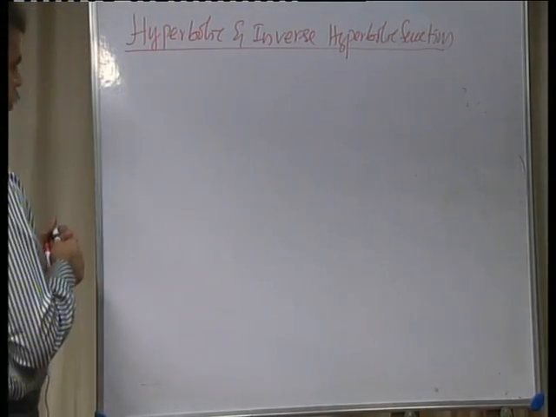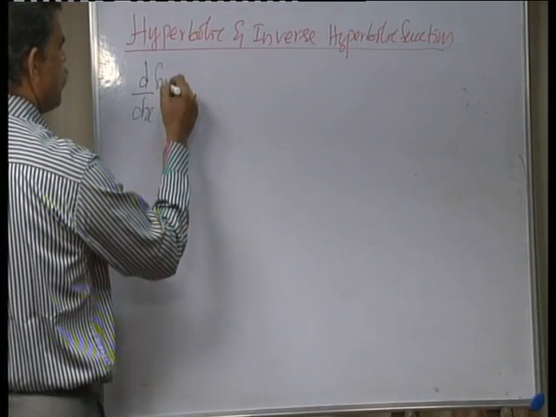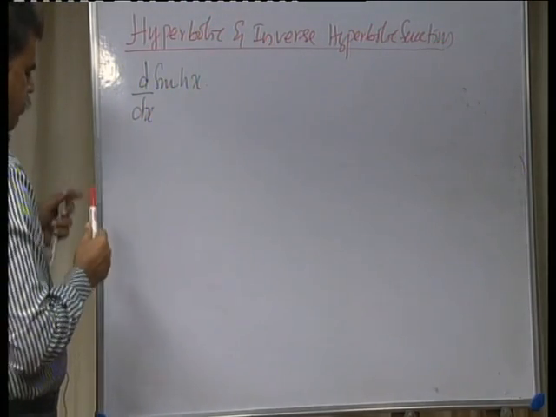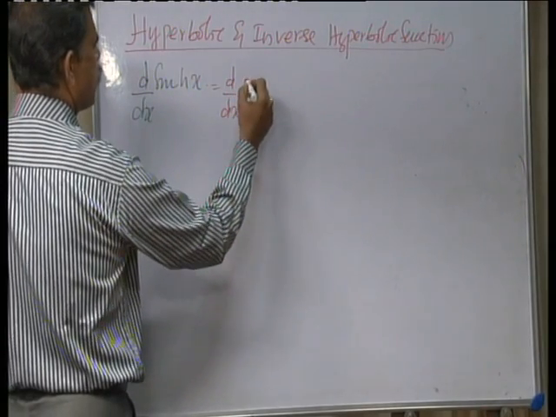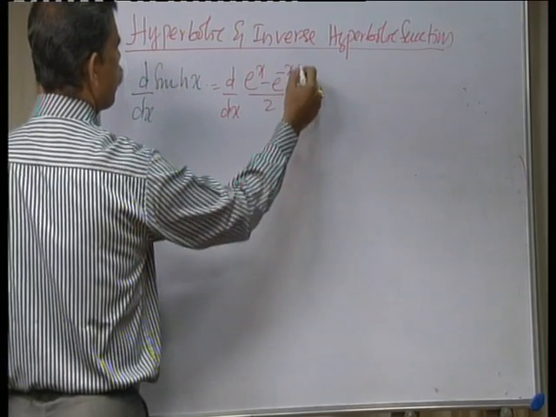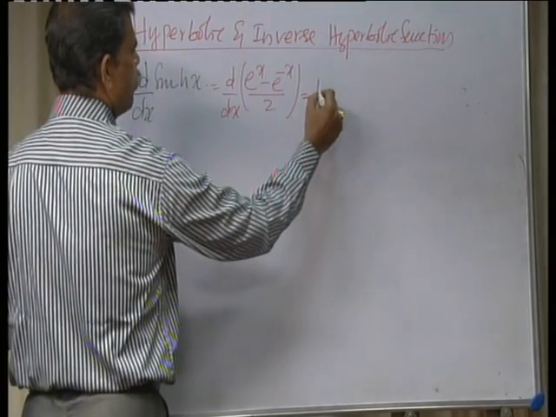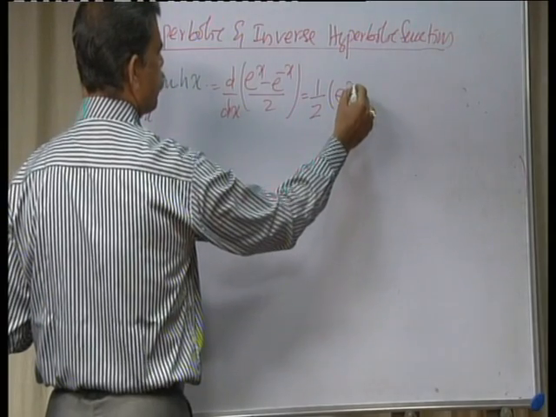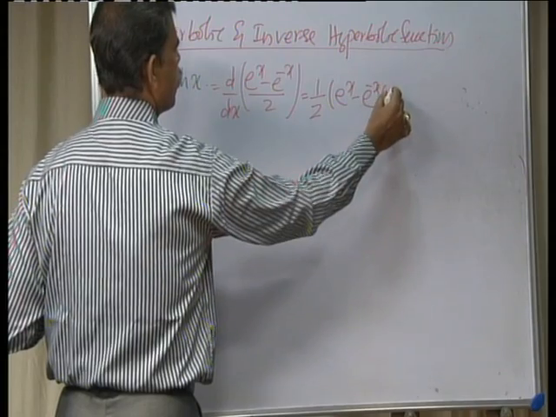Derivative of sin hx, d by dx of sin hx. As we know, what is sin hx? It is e power x minus e to the power of minus x divided by 2. Is it right? This is equal to, you take 1 by 2 outside, differentiate e power x minus differentiation of e power minus x, which is e power minus x into minus 1.